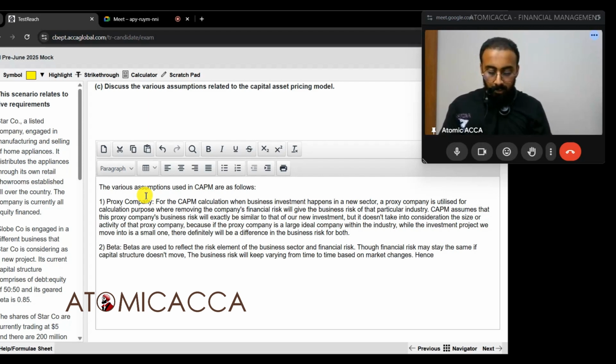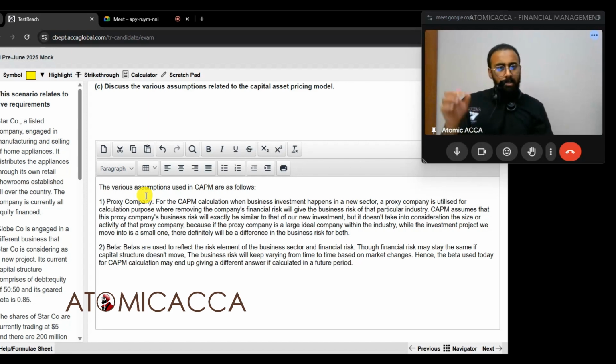Hence, the beta used today for the CAPM calculation may end up giving a different answer if calculated in a future period. Cool. So beta is unstable. That is another problem.